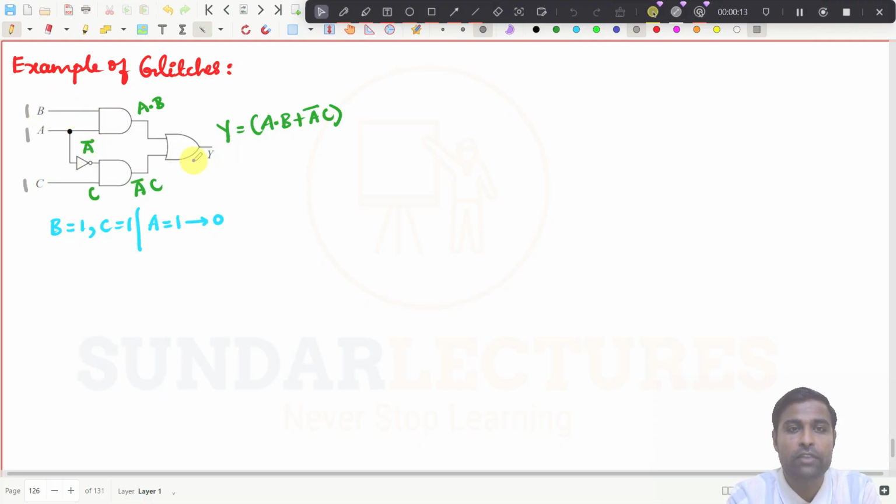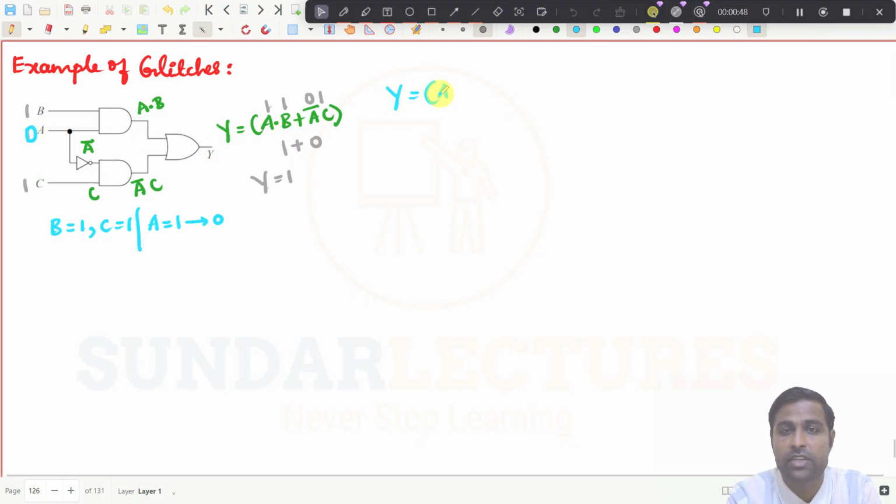So what will be the output of this particular circuit? If A is 1, then A AND B is 1, and A bar is 0, so A bar C is 0. So 1.1 will give you 1 plus 0, and Y will be equal to 1. That is the output, right? Now if A is changing from 1 to 0, what will happen? This will now become 0, right? Even if you just substitute in this equation, Y is AB plus A bar C, right?